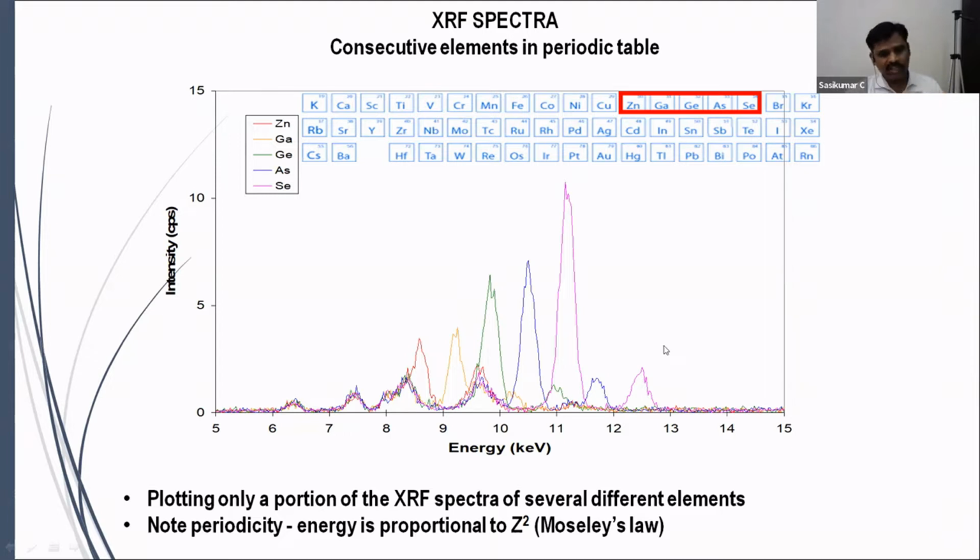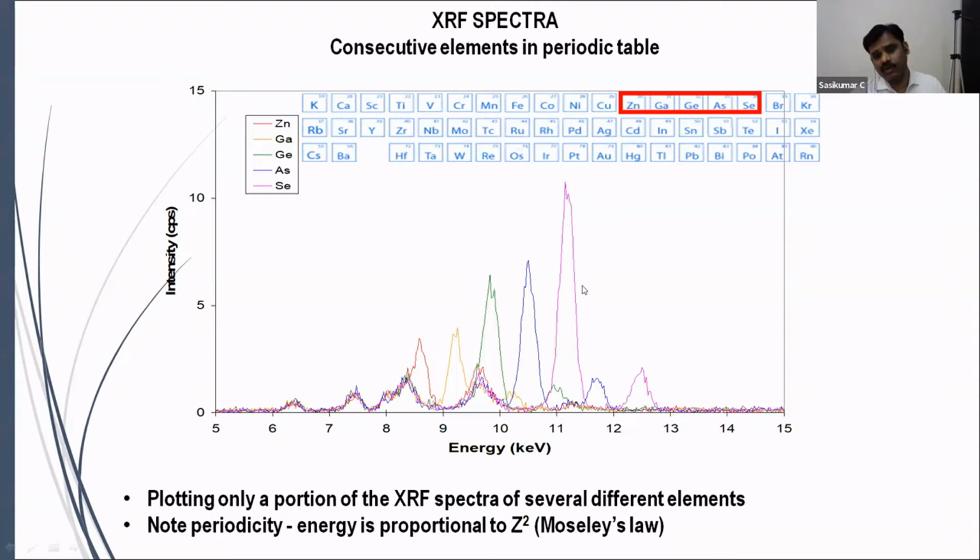One thing to remember: when the atomic number increases, the intensity will increase. Second, it also depends on the quantity: how much of the element is there in your material? These two things decide the X-ray signal that comes up, so the intensity depends on this.